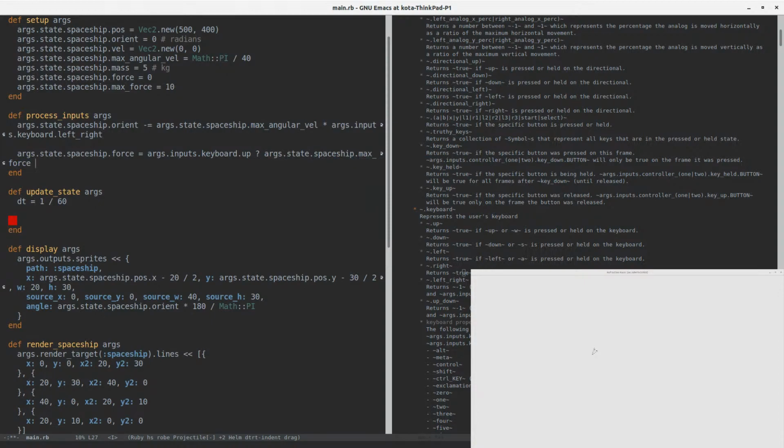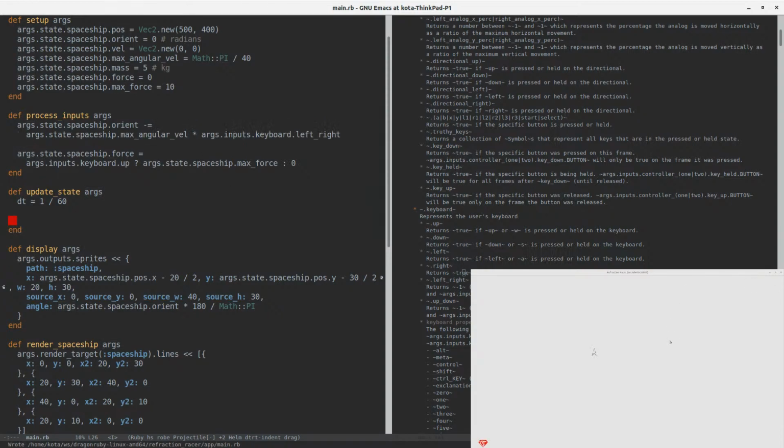Spaceship.maxForce, and obviously this is kind of hard to read, so we'll bump this down here. Maybe that's a little bit better. And right now we're not doing anything with this. So now we will actually compute the physics here.